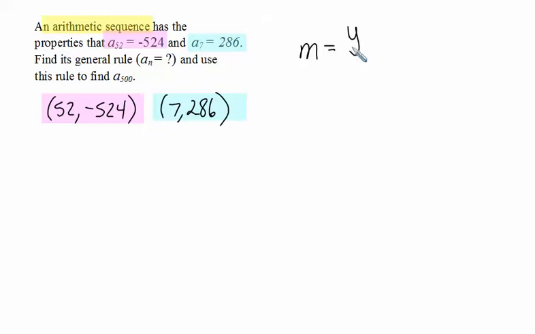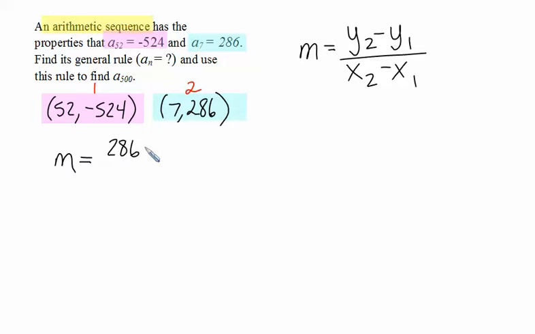Remember we discussed that slope is y2 minus y1 all over x2 minus x1. Let's calculate it. Now I'm going to view the point on the left as point 1 and the point on the right as point 2. So the slope would be y2, 286, minus the y1 of a negative 524, all over x2, which is 7, minus x1, which is 52.